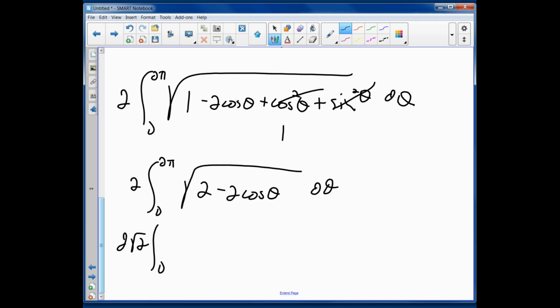Oh, it's a half angle. That's what the book is using. Where are the half angle formulas? They don't even have them in here.